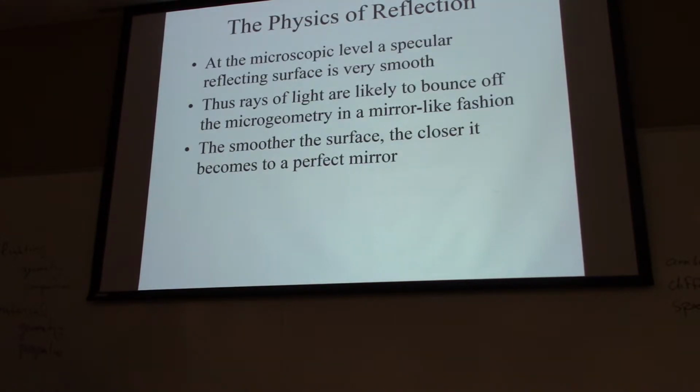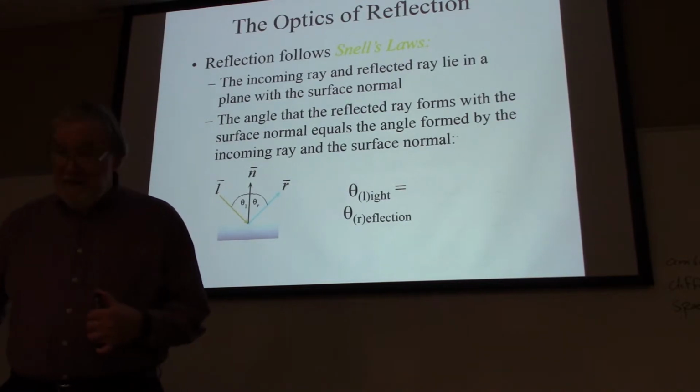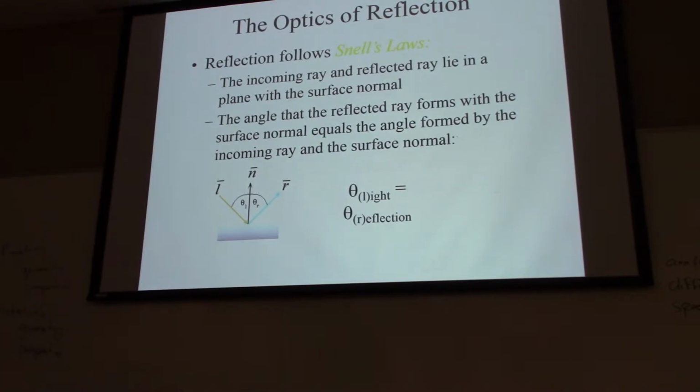The smoother the surface, the more like a mirror. So basically the maximum effect occurs at the angle that satisfies the law of reflection. When the observer is right in the same direction as the reflected beam, you're going to get the maximum effect.